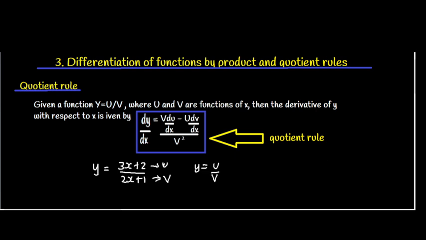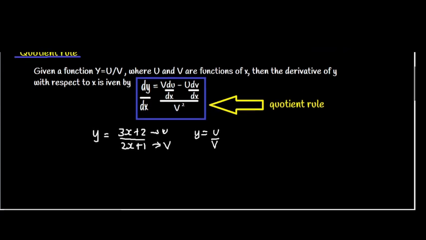Now after getting to that, we get du dx and dv dx, and then we substitute into our formula. We have u equal to 3x plus 2, and du dx, when you differentiate 3x, which is an explicit function, you remain with 3, and when you differentiate the 2, it gives us 0.